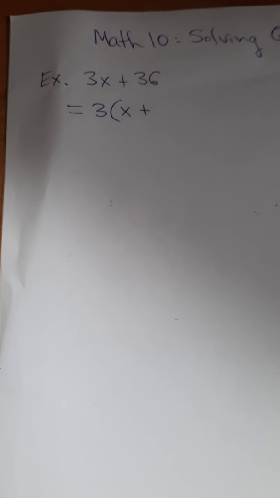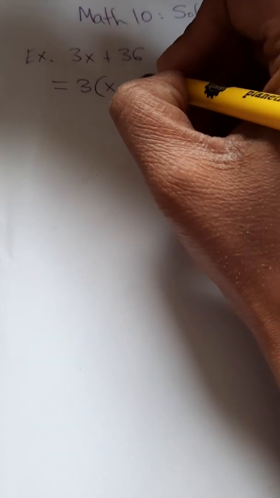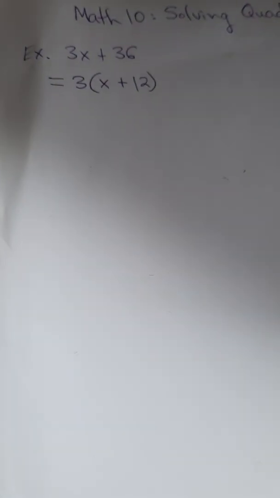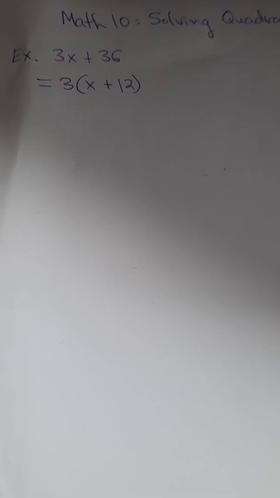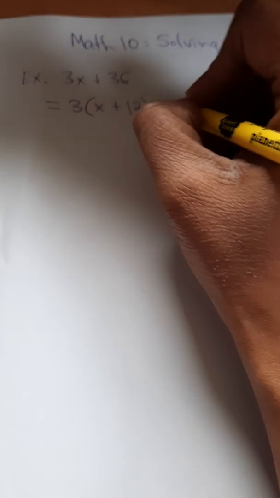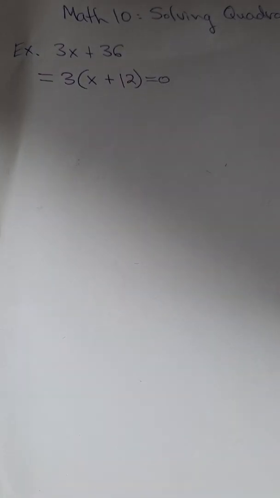I'm going to open up the brackets, and it's going to be x plus, and as you see here, because I took the 3 out as a common factor, I'm doing 36 divided by 3, which is equal to 12. So just like this. I notice the second term, which is 36, does not have an x, so I can't take it outside. So I'm going to make the whole thing equal to 0.